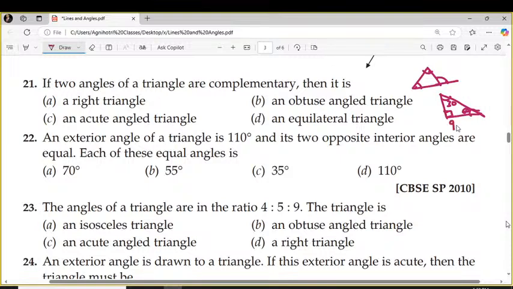It's a right angle triangle, right? Yes, it is a right angle triangle. If two angles are complementary, then the remaining one is also 90, because the sum needs to be 180.